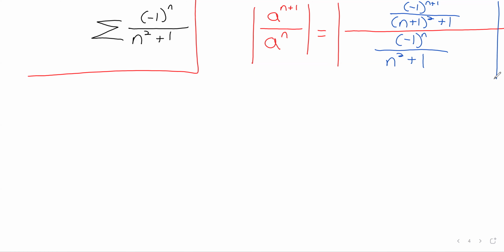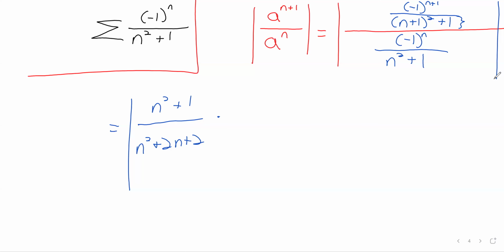And we flip the denominator and multiply it. And we get this n squared plus 1. And then down here, we have this mess. I call it a mess. It's not really that bad. It's n squared plus 2n plus 2, if you FOIL n plus 1 squared and then add 1 to it.